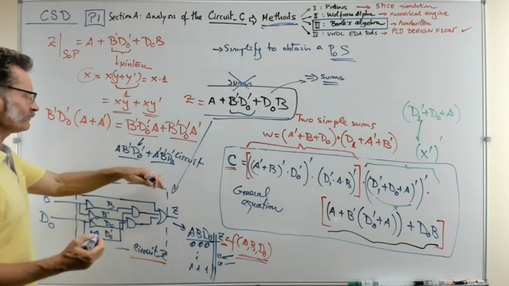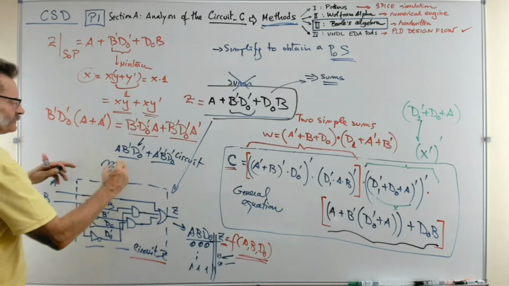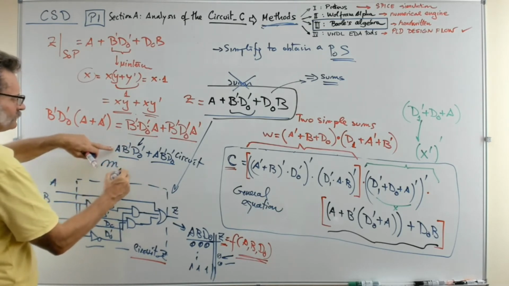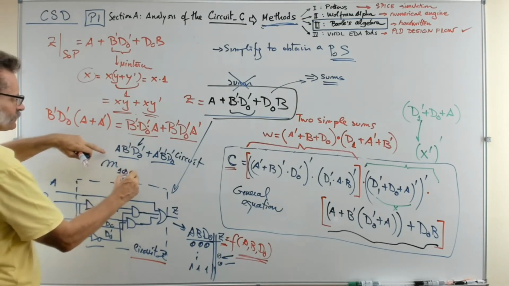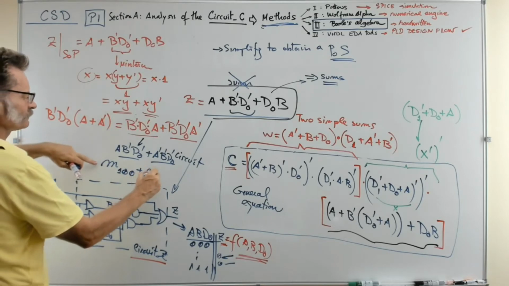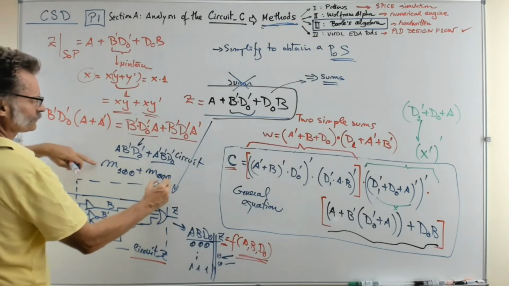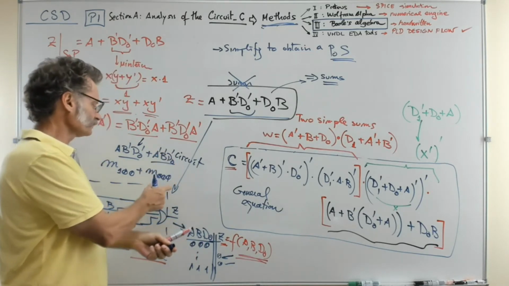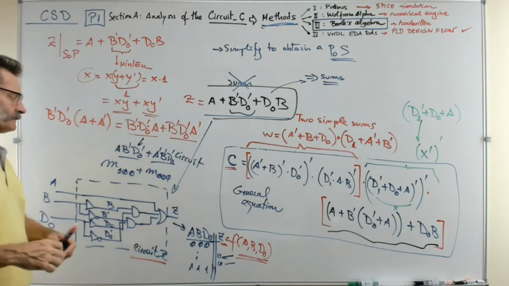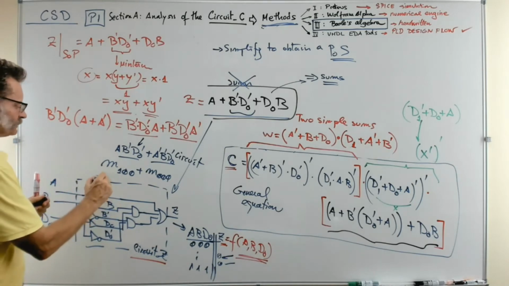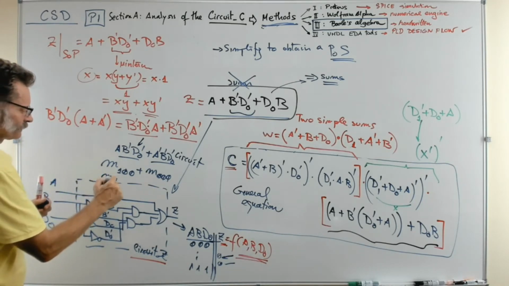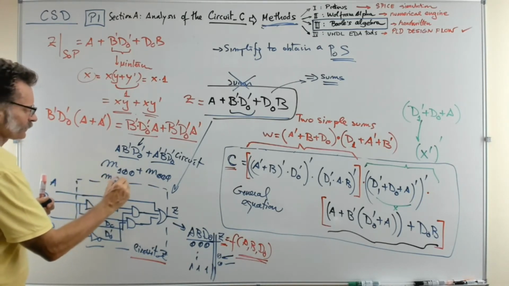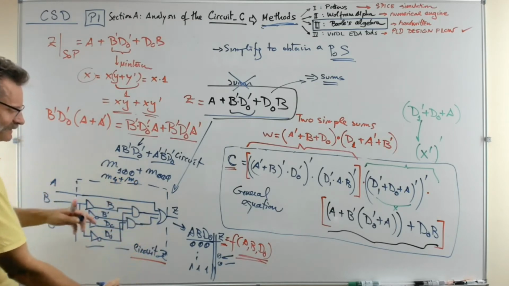Now this is the minterm 1, 0, 0, or the minterm 0, 0, 0, because you are talking about minterms and the variables are not, so this is a 0. So here you are, the minterm 4 or the minterm 0 of this Z.